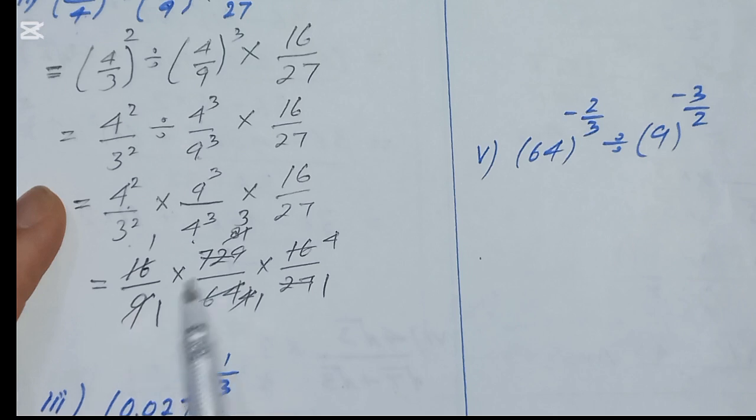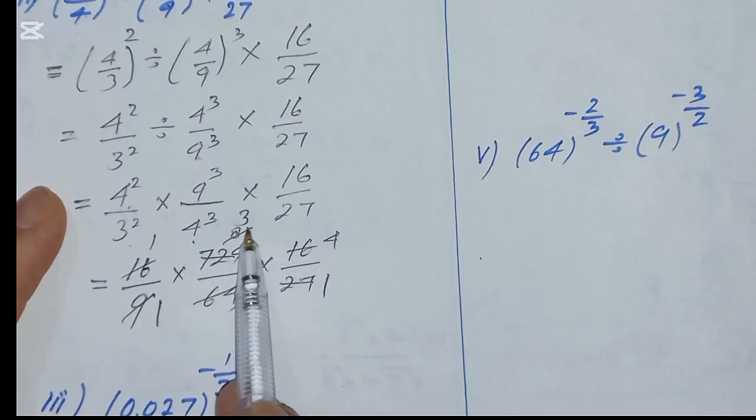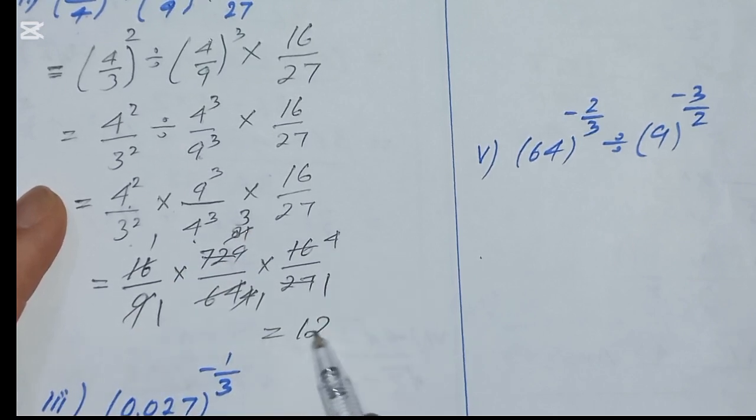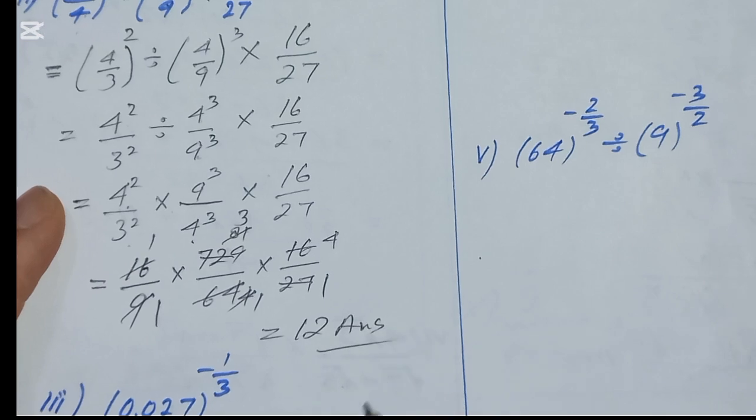And now we have only 3 and 4, and 3 fours are 12. 12 is the answer of this question.